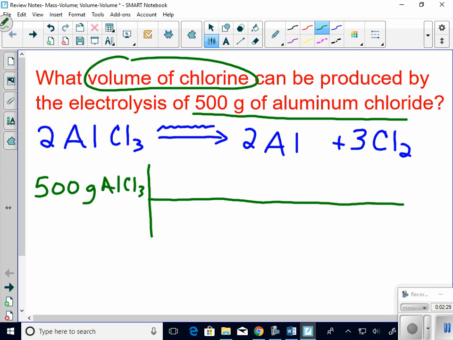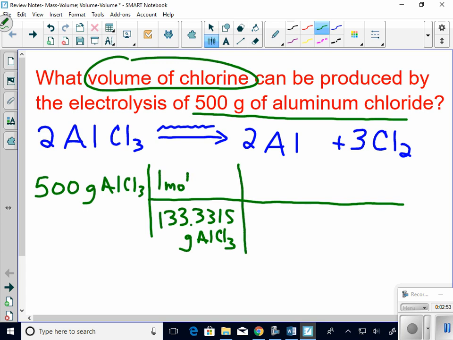I have already calculated my molar mass of aluminum chloride. So the molar mass is 133.3315 grams of aluminum chloride. Put that on the bottom.